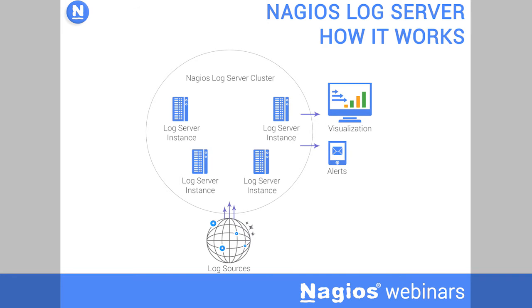And so if you create a custom query looking for something specific, you can then get an alert on that data. And so in this simple diagram, we've got our Nagios Log Server cluster. We've got our various clustered instances of Log Server all working together. We have our log sources, which for this presentation would be things like that HP ProCurve switch, pushing all that data to Log Server, which then parses it, stores it, and enables us to query it and alert on it.